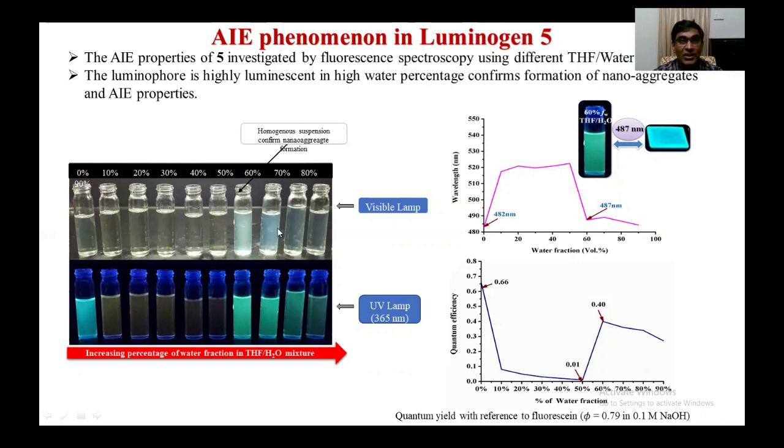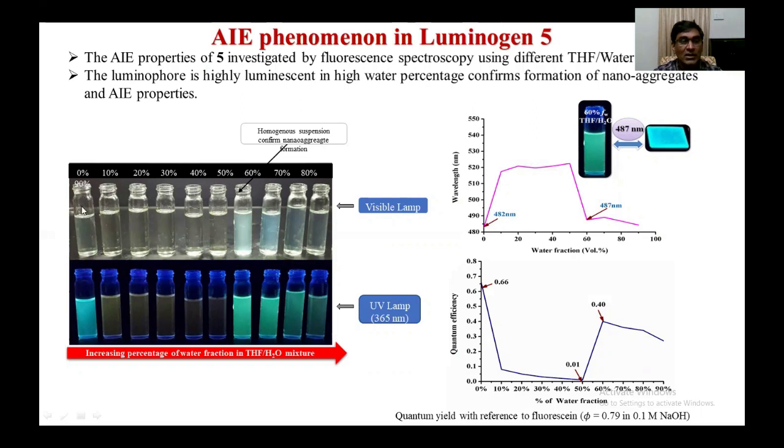For this, we have taken vials in which this molecule is dissolved in THF. Now, this first vial you can see here the 0% of water. This molecule showed good emission in THF, the organic solvent.